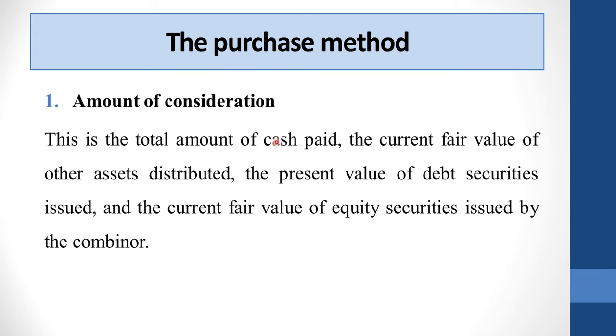Like cash paid, or the fair value of assets distributed, or the present value of debt securities, or maybe the current fair value of equity securities issued by the combiner. So the amount of consideration is the value of investment or the value sacrificed by the combiner in order to gain the combinee's shareholders' share from the equity.